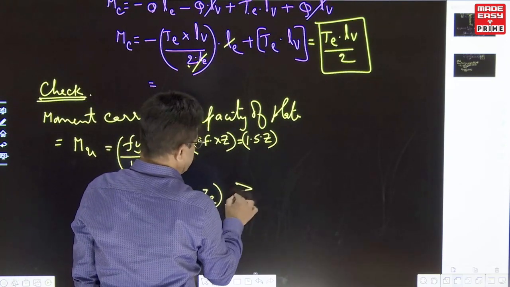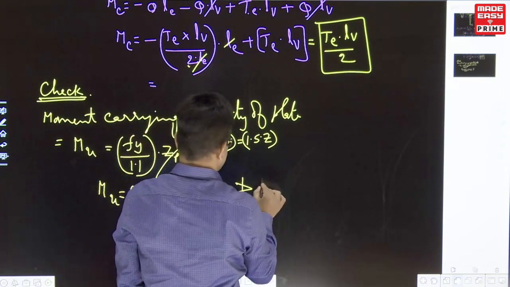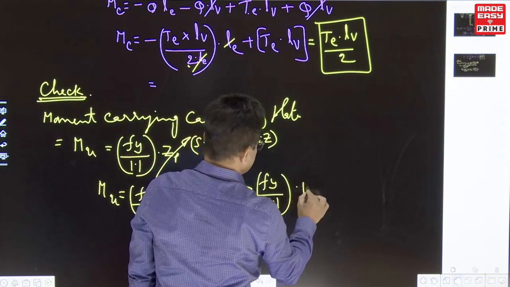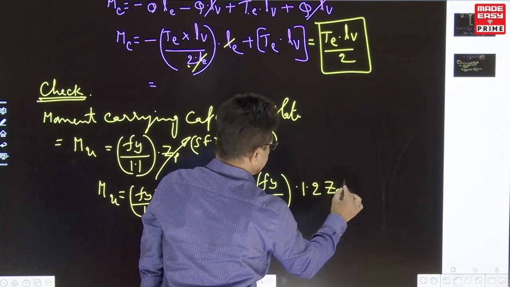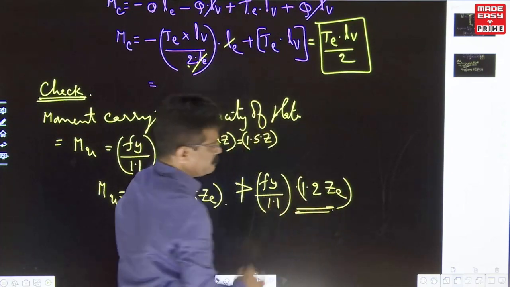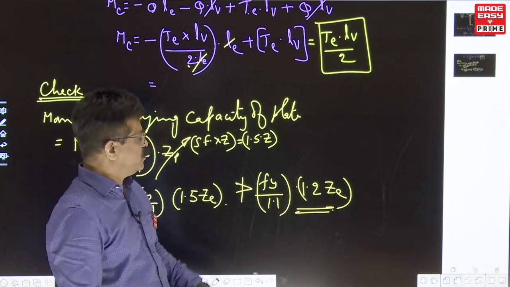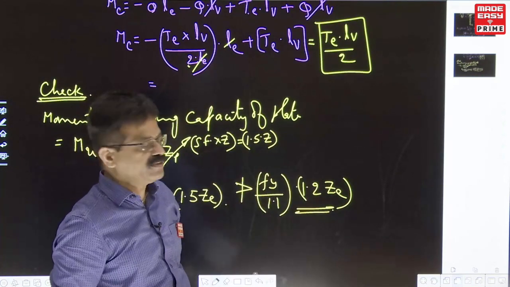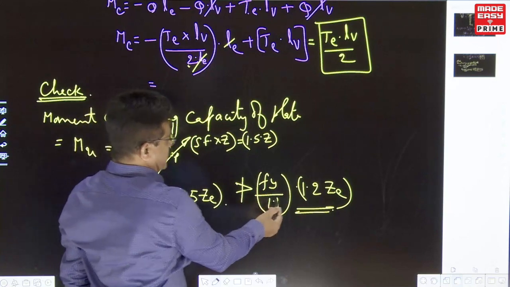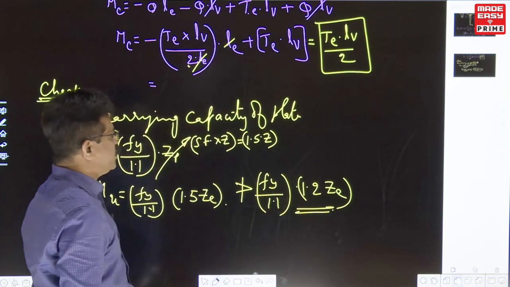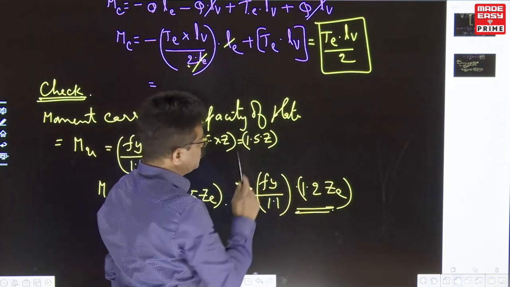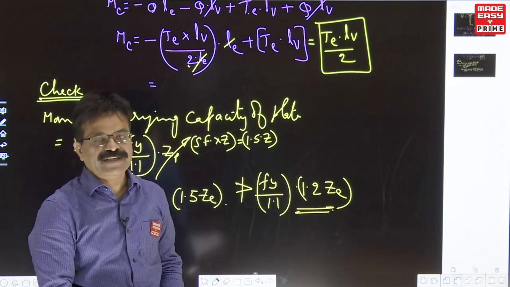But it should never exceed Fy by 1.1 into 1.2 times Ze. The codebook gives this for simply supported, and this is like a simply supported one. In no case should the plastic moment capacity exceed 1.2 Ze.